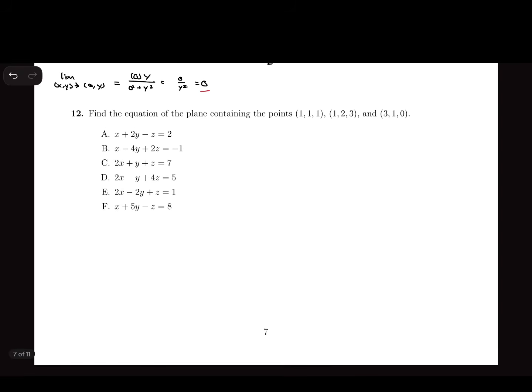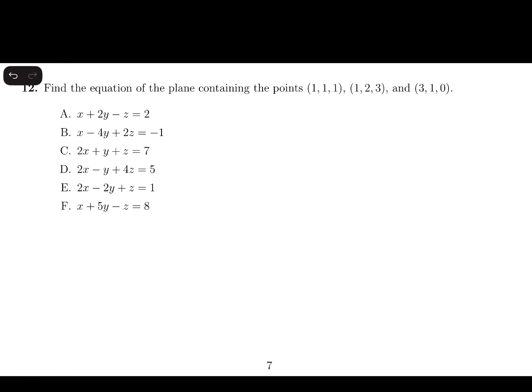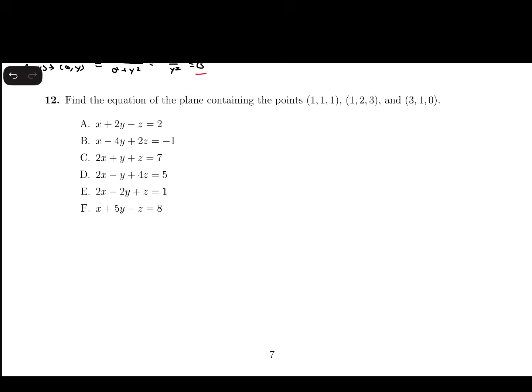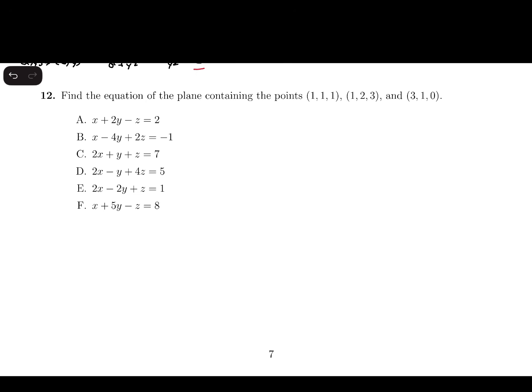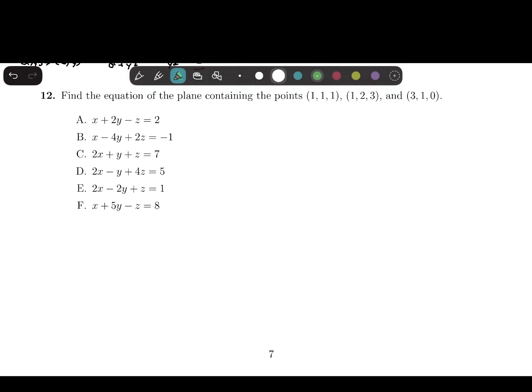So question number 12. Question number 12 asks us to find the equation of a plane containing the points 1, 1, 1, 1, 2, 3, and 3, 1, 0. So I want you to imagine it like this, right? I'm going to draw this out for you guys.